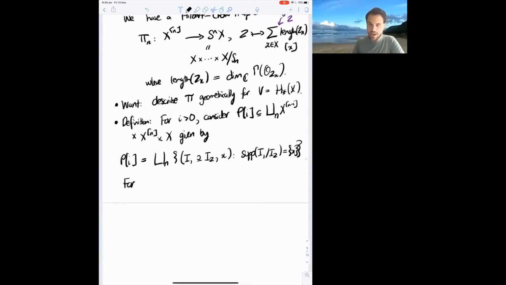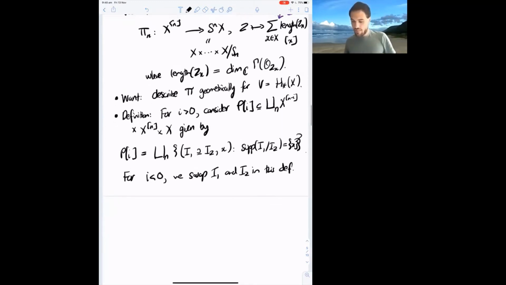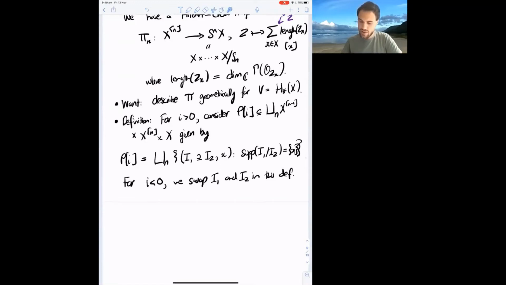We also want to define it for I less than 0. In that case, you just swap I1 and I2 in this definition. So in that case, you start with n plus I points, and you go down to n points.